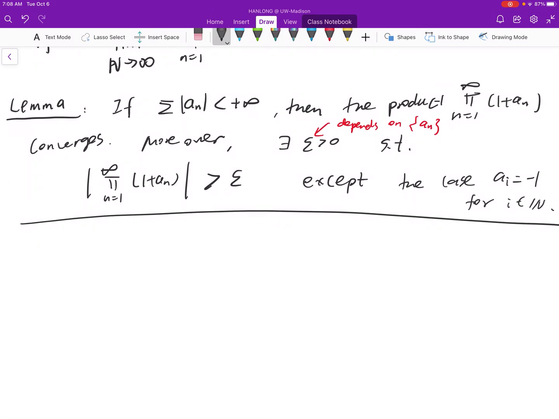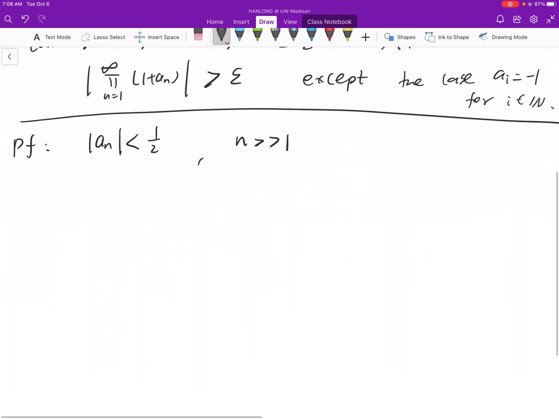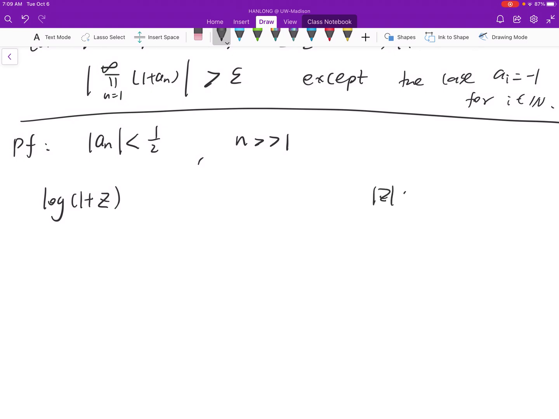To prove it, we look at the proof. It's clear that when n is large enough, we always have the absolute value of an less than 1/2. Next we do the Taylor expansion of log of 1 plus z for norm of z less than 1/2.